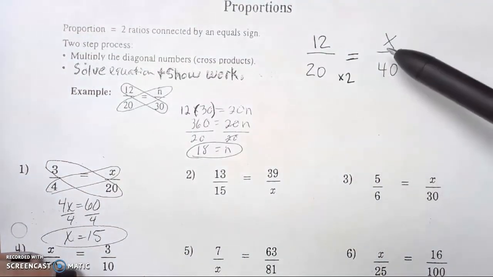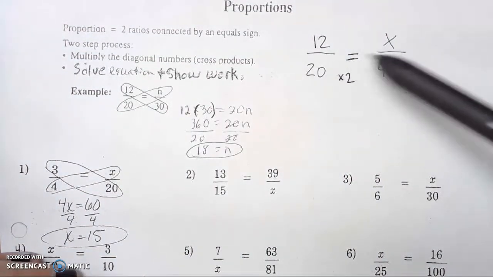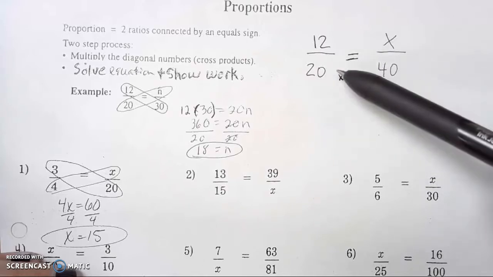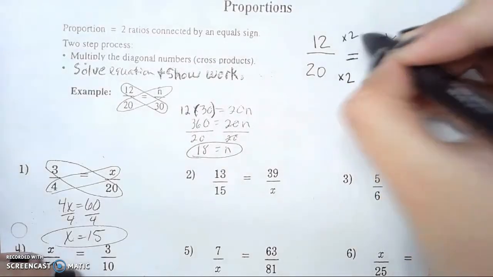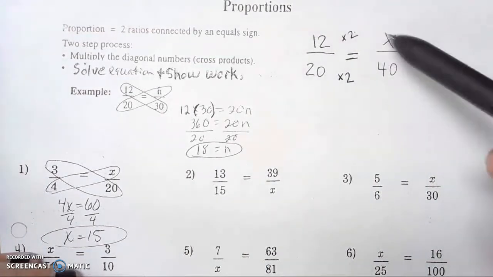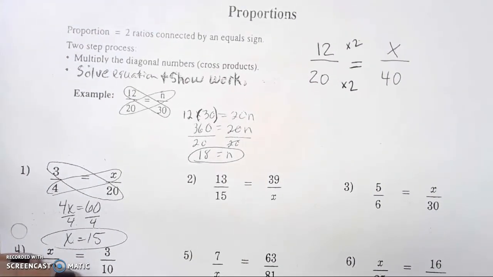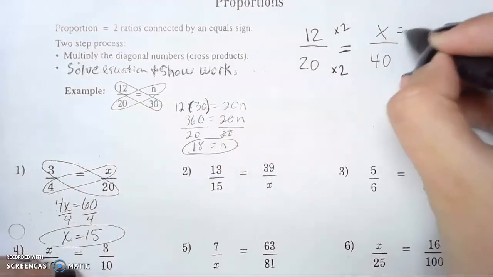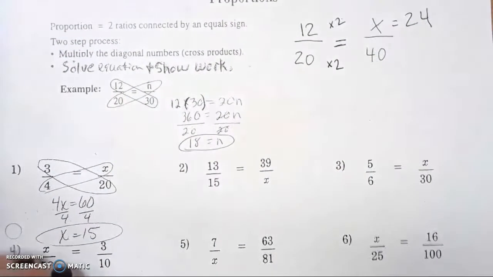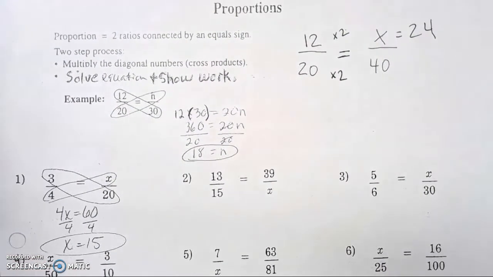Well, just like I said, to get our x value, if both of these fractions have to be equal, if we multiplied our denominator by 2, whatever we do to the bottom, we can do to the top, and we can multiply 12 times 2 to give us the value of x. So 12 times 2 is 24, which means our x value is going to be 24. Okay?